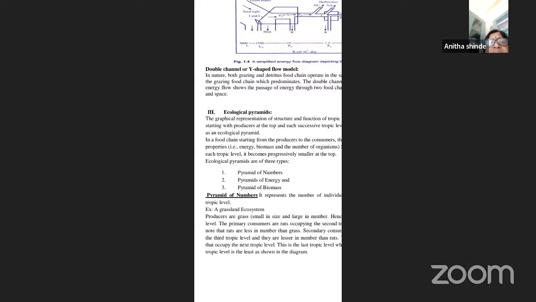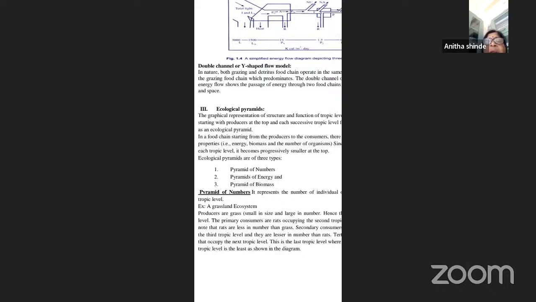Next is the ecological pyramid. What do we mean by an ecological pyramid? It is the graphical representation of the structure and function of the trophic levels of an ecosystem, starting with the producers at the base and each successive trophic level forming the apex.